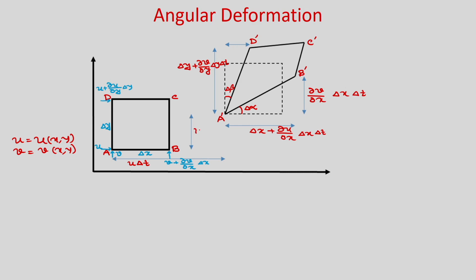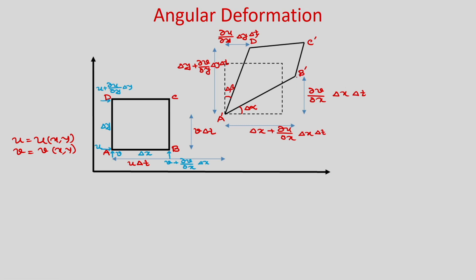So, this will be v into delta t, and this distance will be del u by del y delta y delta t. So, obviously now we can represent this delta alpha and delta beta in terms of the velocity gradient.